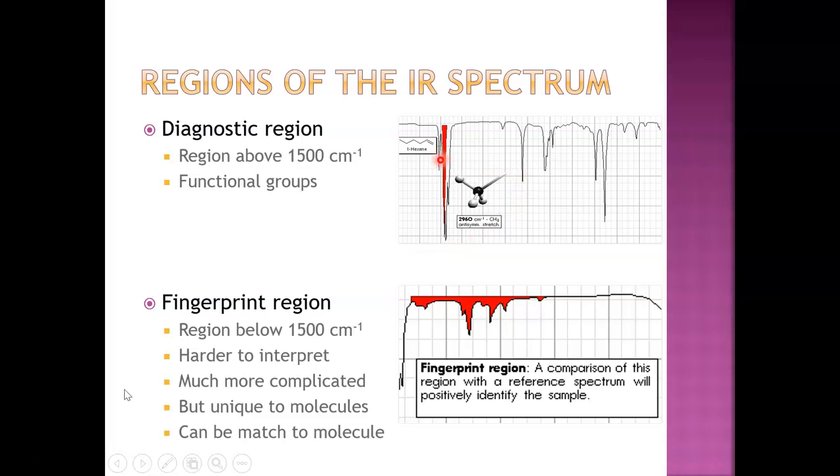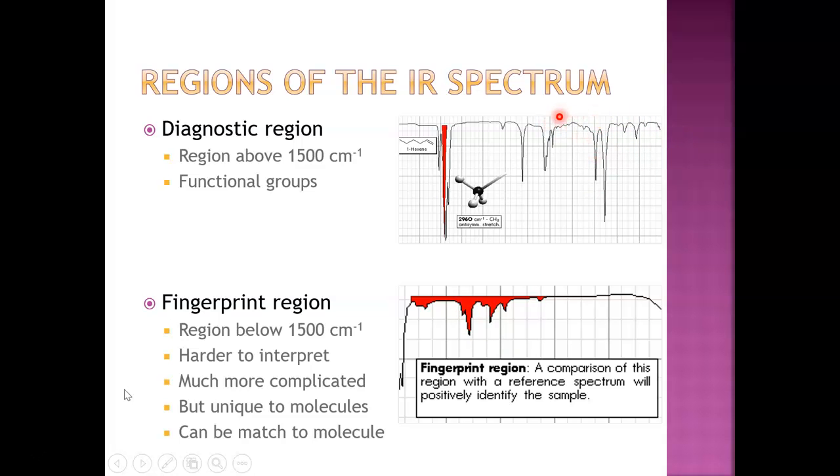Very informative. But the fingerprint region is below 1500 or 1000. This region is harder to interpret, because the peaks are small and short. This one on top is actually the fingerprint region.